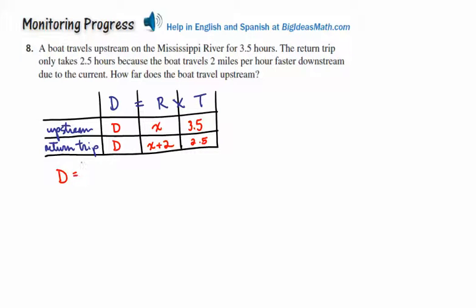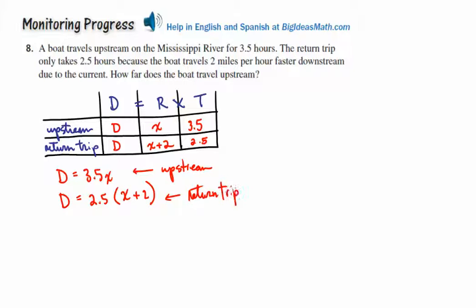D is equal to 3.5x and D is equal to 2.5 times x plus 2. Again, remember, we have to put the x plus 2 in parentheses. The first is the upstream equation, and the second is the return trip equation.